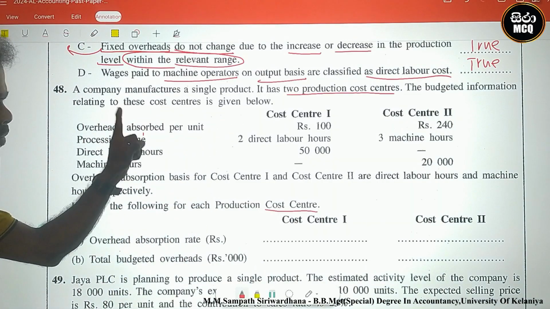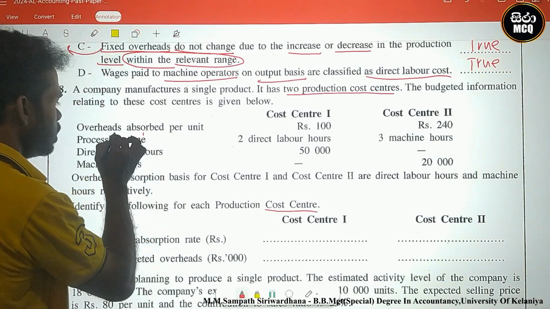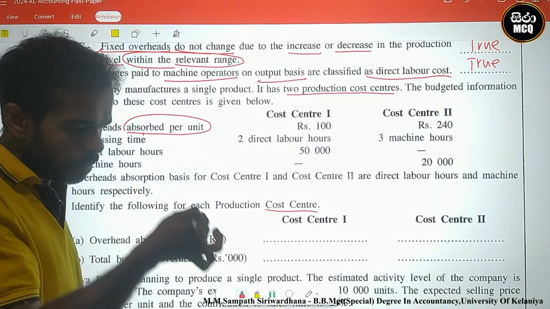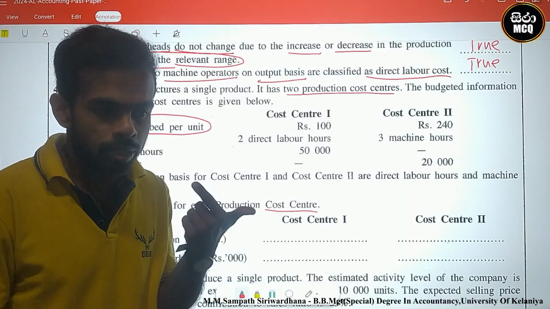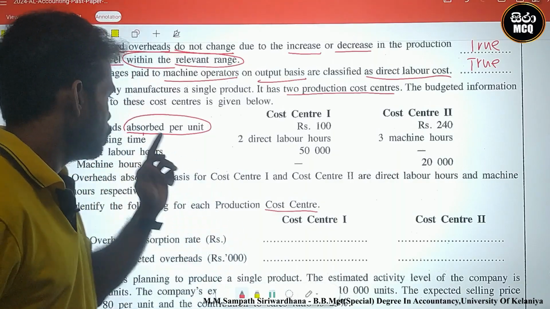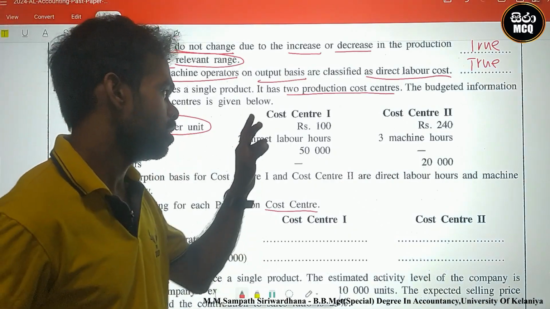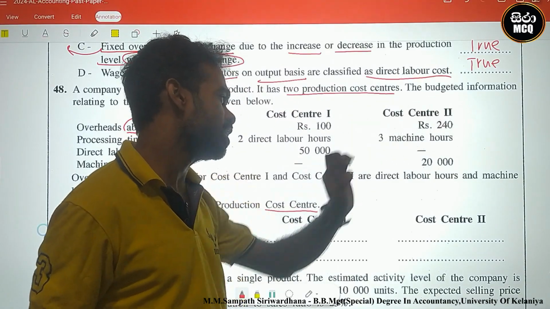Overhead absorbed per unit. Absorbed means already done, included in the product. Overhead included per unit was 100 from cost center 1 and 240 from cost center 2.